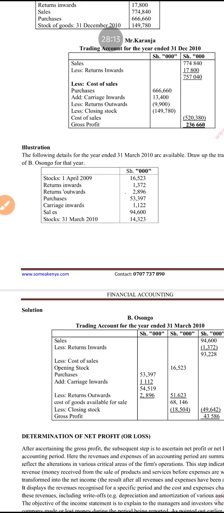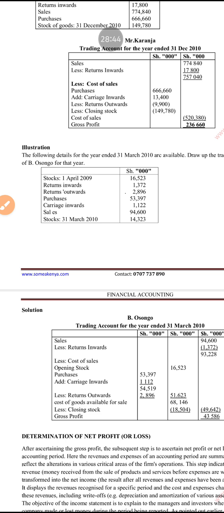Return inwards, remember we have said that we sold goods to customers, but our customers returned goods to our business, and therefore you're supposed to deduct it from our sales. Return outwards simply means that we made purchases, and after we made purchases, we returned some goods back to the supplier, and that is what we call the return outwards, and it should be deducted from our purchases.